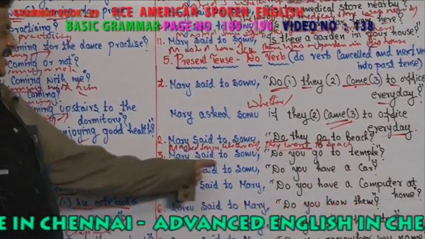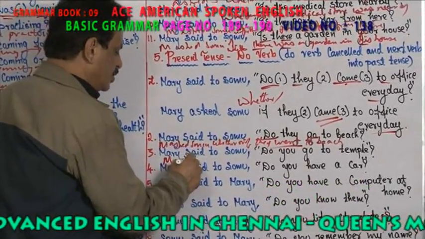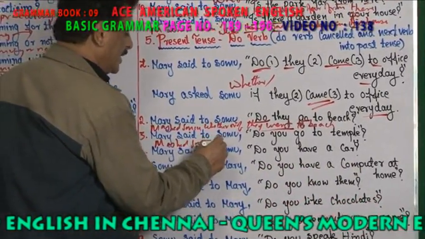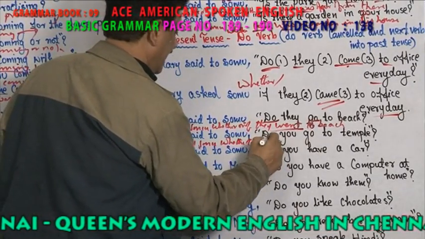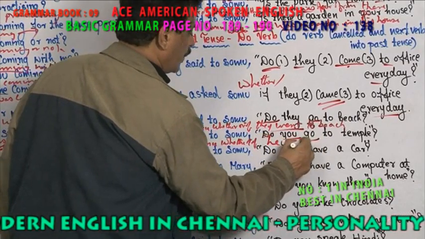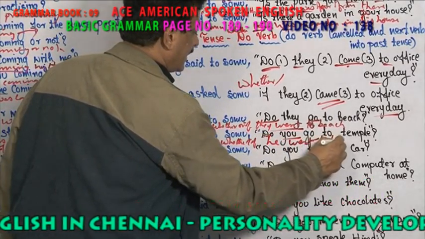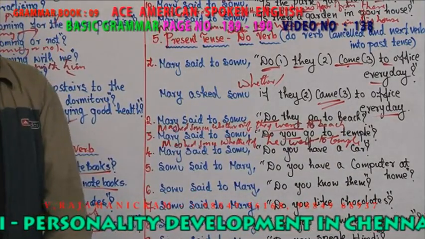Next, coming here, Mary said to Somu, do you go to temple? How do you say it? Mary asked Somu, yes, whether or if he, Somu, you changes into he, go changes into went to temple, right, sir? Next, Mary said to Somu, do you have a car? How does it change?